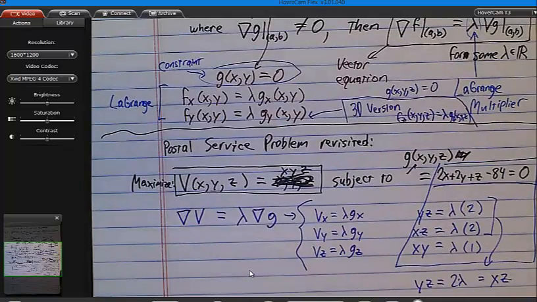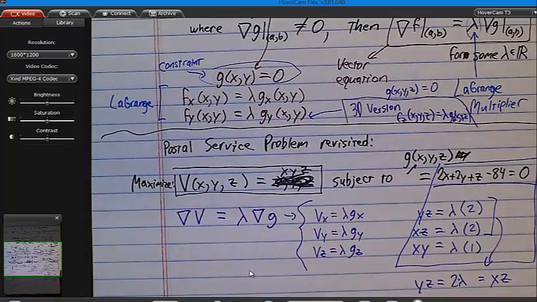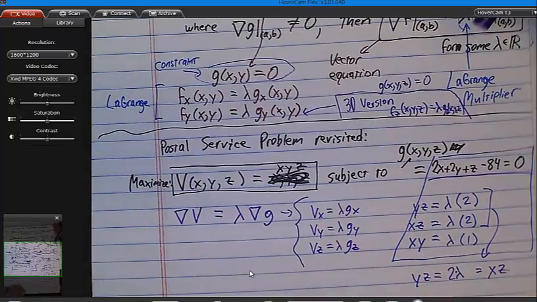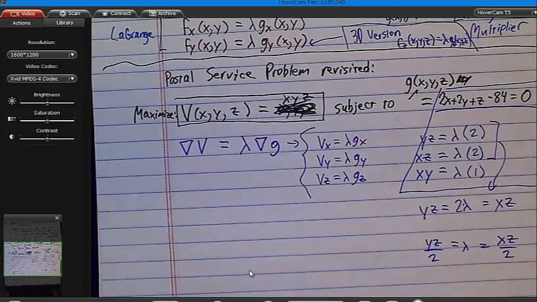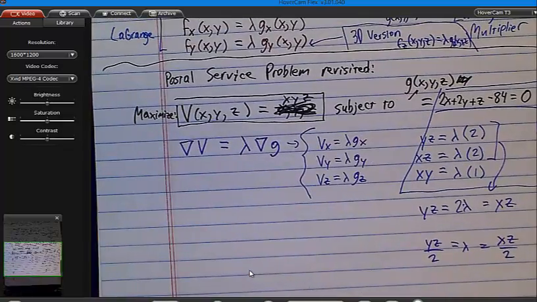I can already tell you that lambda is equal to yz over 2, and it's equal to xz over 2. Isn't that cool? Who cares what lambda is, though? I made it up. Lambda doesn't represent anything. It's some number. So that was kind of useless, I guess.